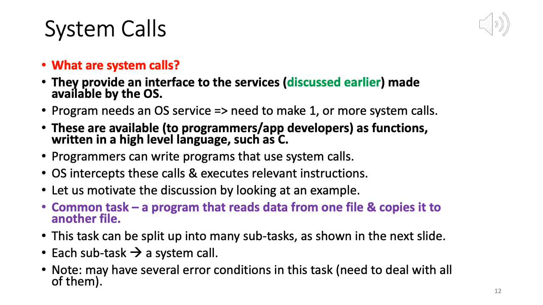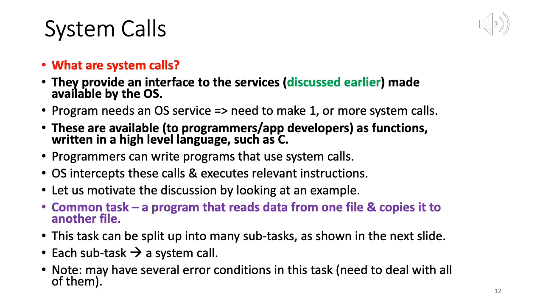These are all the services which the operating system provides to the users. These system calls provide an interface to the services made available by the OS. What it simply means is that if a program needs any kind of OS service, then the program needs to make one or more system calls.